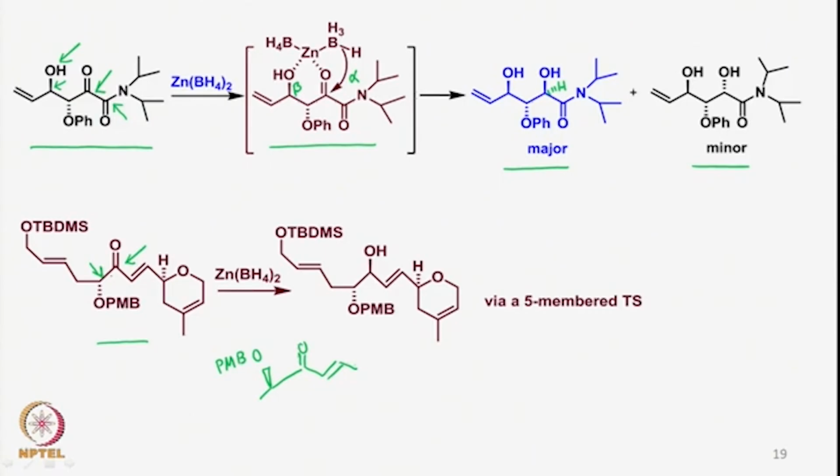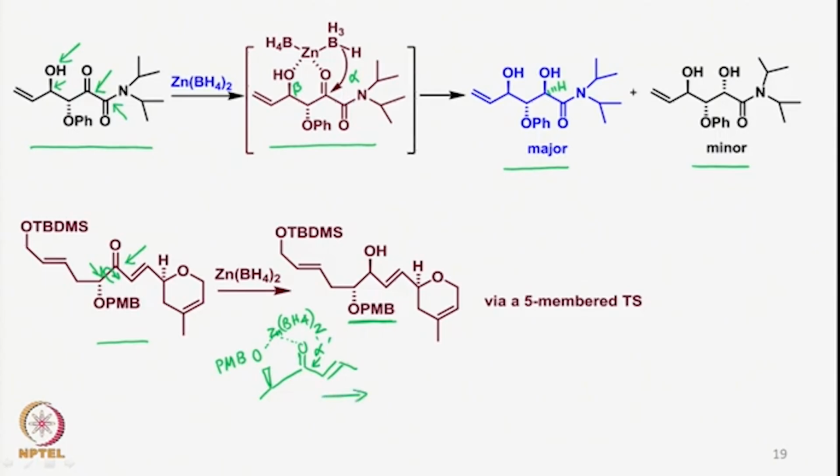So what we have done is a rotation around here so that the PMB group goes on the top, and now zinc would coordinate like this with BH4 twice here, and now the reduction also occurs from the alpha side which is free, but then again after rotating it would come to the original OPMB side.